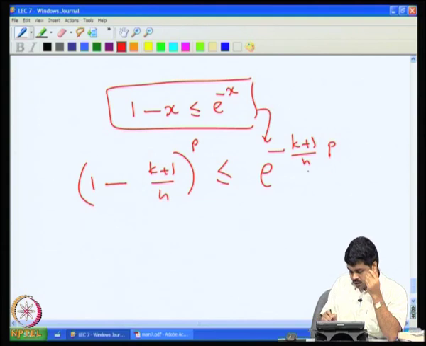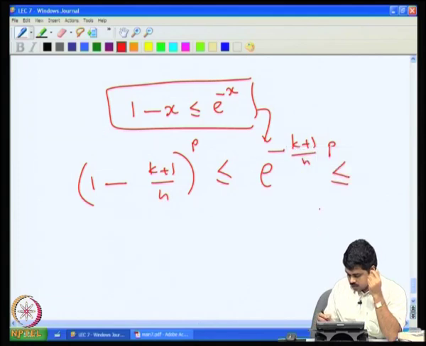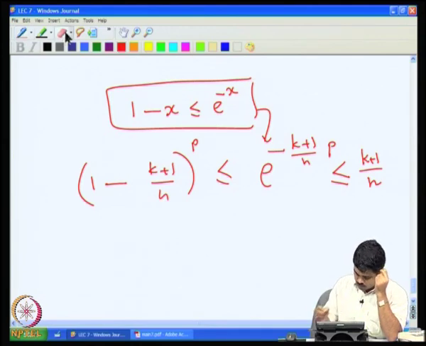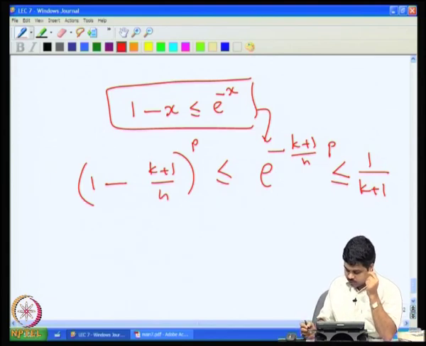Say if this itself is less than or equal to, sorry, 1 by (k plus 1). So we dropped n when we cancelled n from both sides.